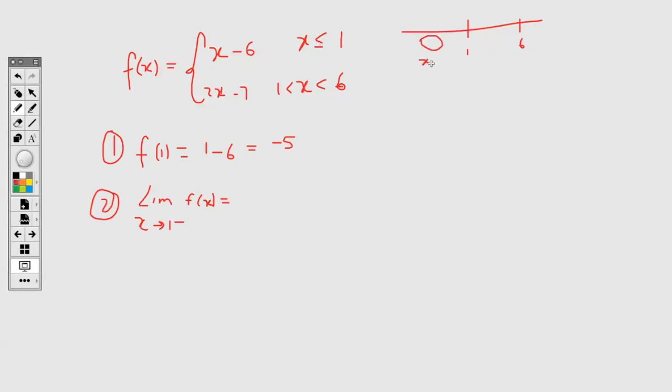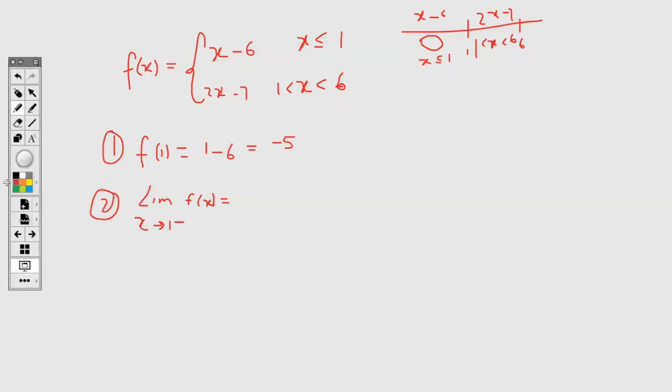So I'll have x minus 6. While for here, I will have x less than 6 but greater than 1, and the function is 2x minus 7. Doing this assists us in knowing which function is on the left and which function is on the right.